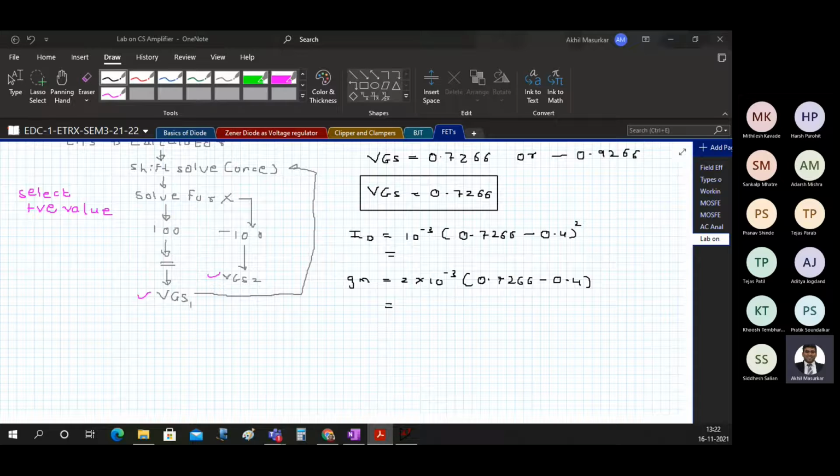Yes, others also should solve and tell me, because in the exam you have to solve this. It will be very nice if you know a proper simulation of this circuit.